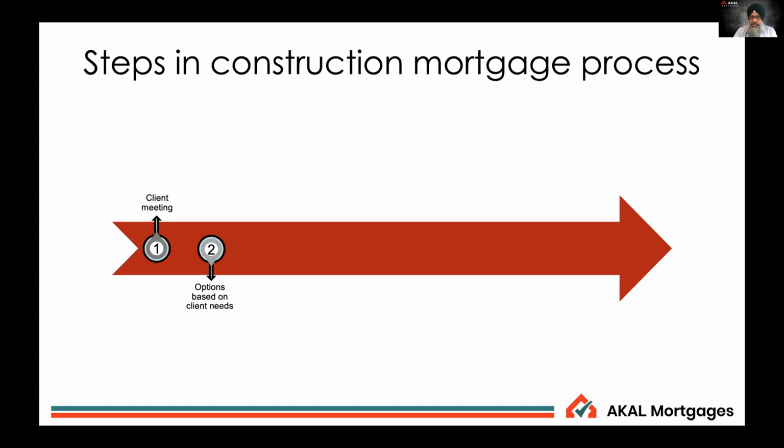Second step, based on the clients' needs, is to provide options. You can go to an A lender, you can go to a MIC, you can go to a private lender. This is our duty as mortgage specialists, I should rather say experts in construction mortgage financing, to provide different options to them, because many times clients do not know what options are available in construction financing.